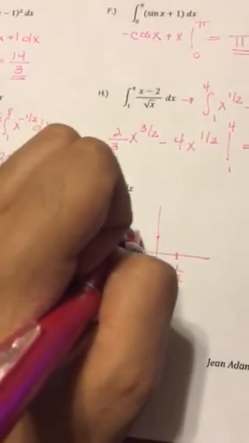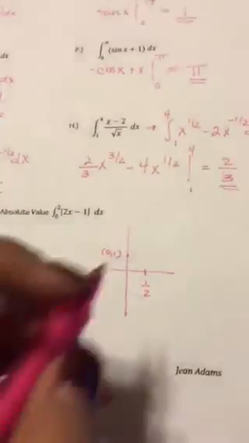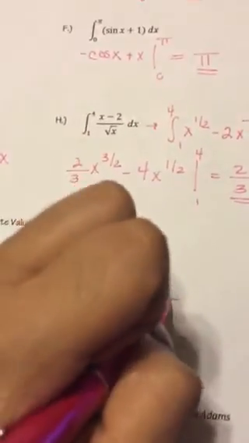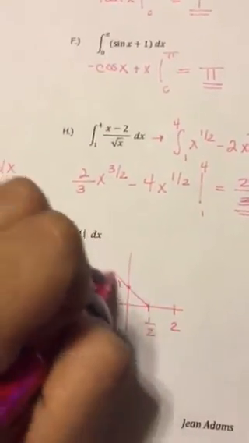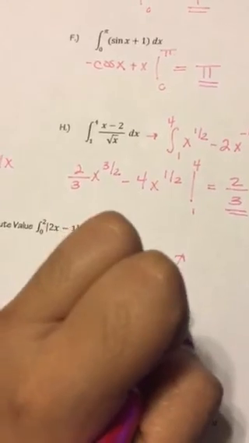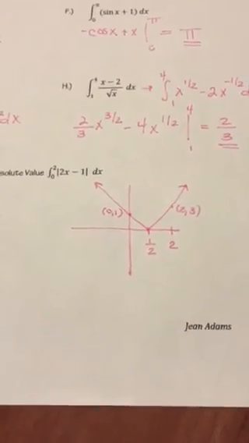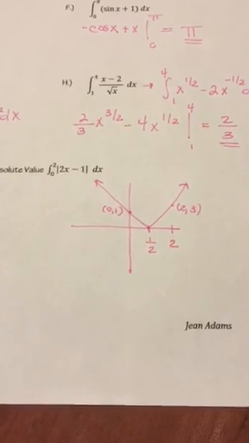So if we substitute in 0, we know that our y-intercept would be at (0, 1). And it goes up to 2, and that value would be (2, 3). So just like definite integrals, use the area formulas and we're good to go.